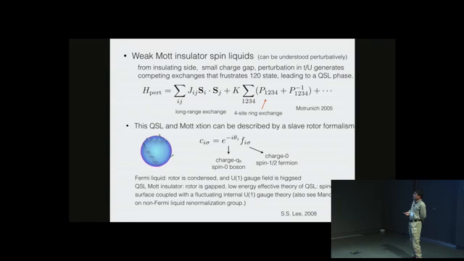In the Fermi liquid, the bosonic rotor is condensed, and the U(1) gauge field is Higgsed due to the Higgs mechanism. In the quantum spin liquid Mott insulator phase, the rotor is gapped, and the low energy effective theory is described by a spinon Fermi surface coupled to an emergent fluctuating internal U(1) gauge theory. You can also see this in the talk by Mendel in the morning.